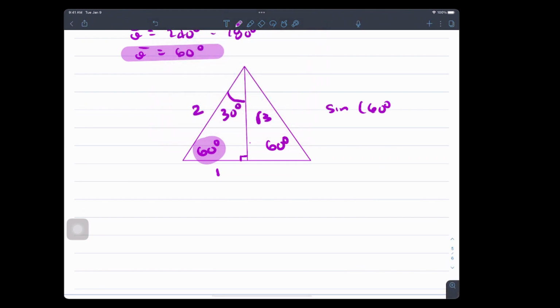What's the definition of sine of 60? Opposite over what? Hypotenuse. Is that right? Square root of 3 over 2. Is that sine 60? What else do I do?